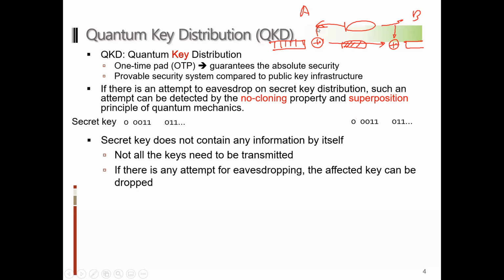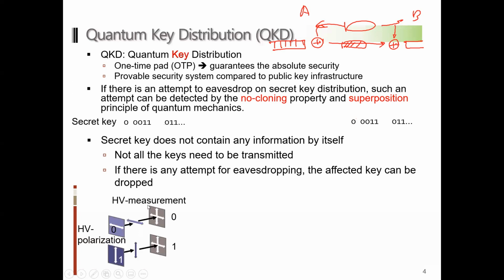So how can we achieve the goal of this kind of key distribution safely using quantum mechanics? Let's consider sending some information using the photon. Let's say that you want to transmit a key value 0 or 1.